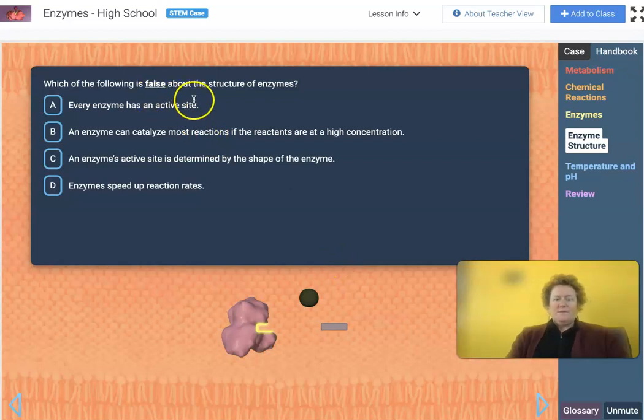Which of the following is false about the structure of an enzyme? Every enzyme has an active site. Well, that looks pretty true. An enzyme can catalyze most reactions if the reactants are at high concentration. Well, we haven't heard anything about concentration yet. An enzyme's active site is determined by the shape of the enzyme.